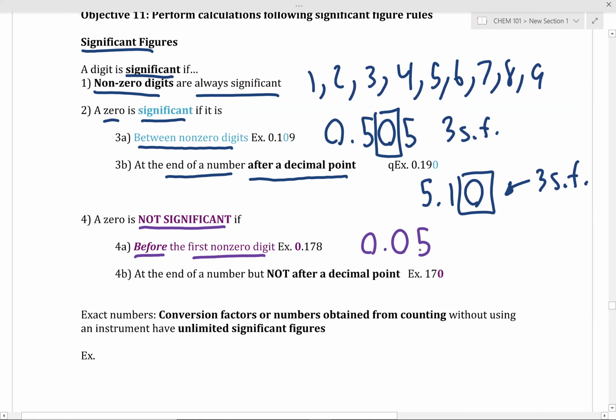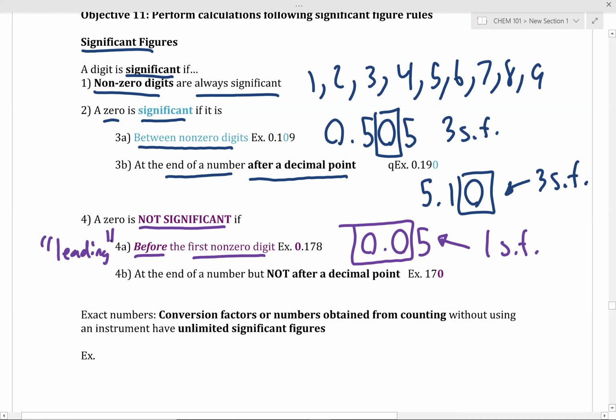So looking at these two leading zeros, are these two zeros before the first non-zero digit? Yes. So are they significant? No. So how many sig figs do we actually have in this number? 1. This only has 1 sig fig. I like to call these zeros, quote unquote, leading zeros.